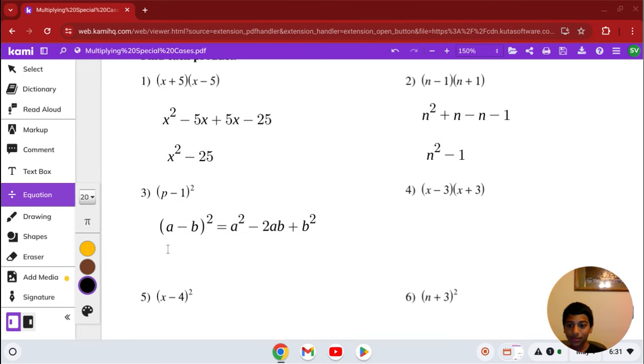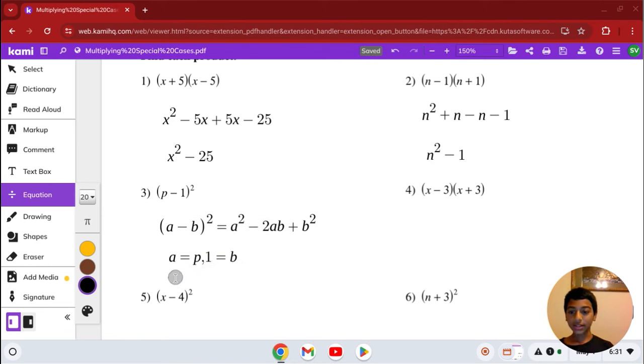And this means a is p. So a equals p. Negative 1, or 1 because it's a minus b, equals b. And that's what we need to know.